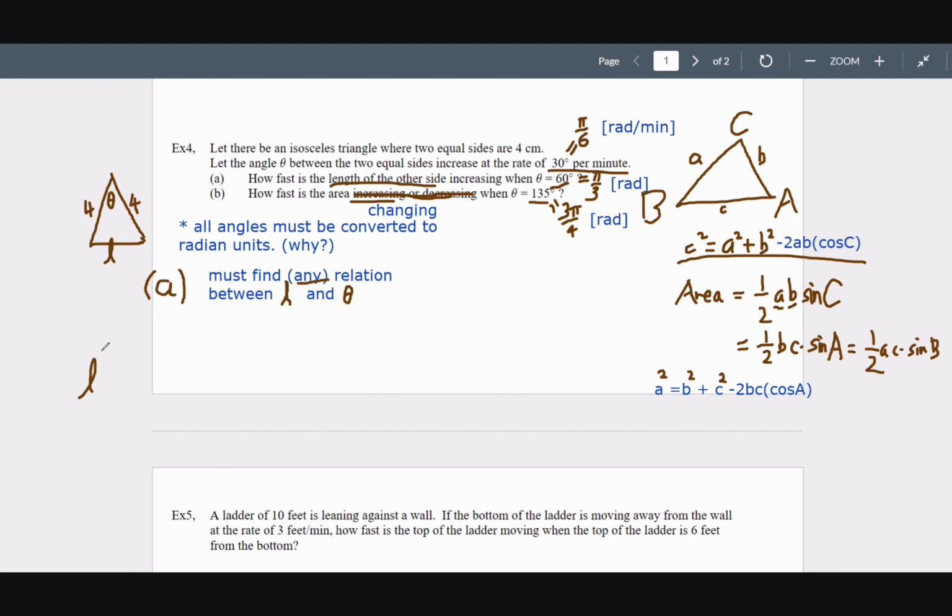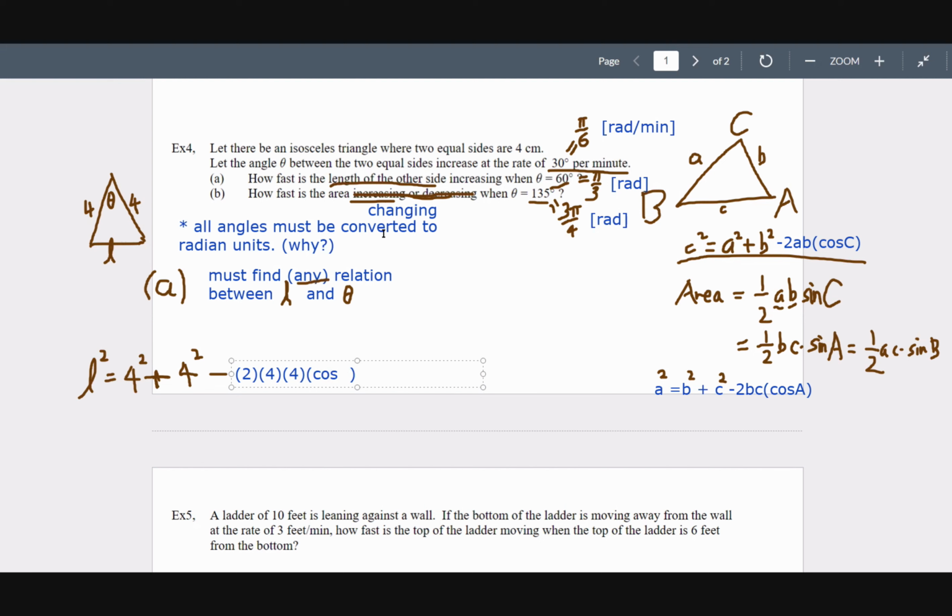L squared is equal to 4 squared plus 4 squared, and then minus 2 times 4 times 4, and then times cosine theta.